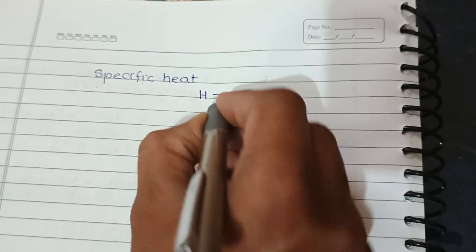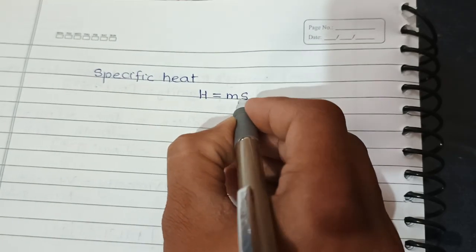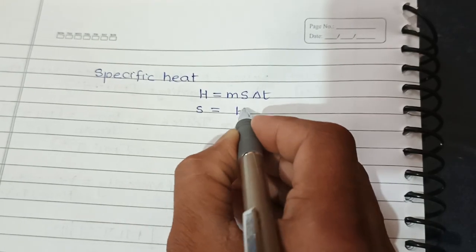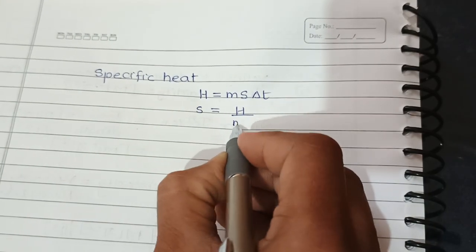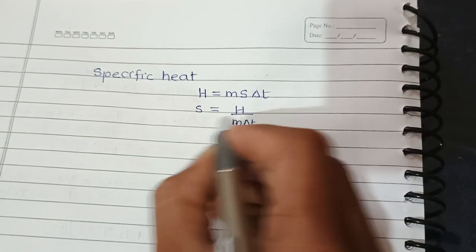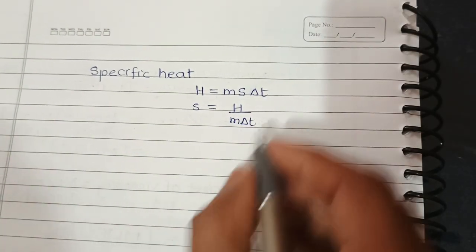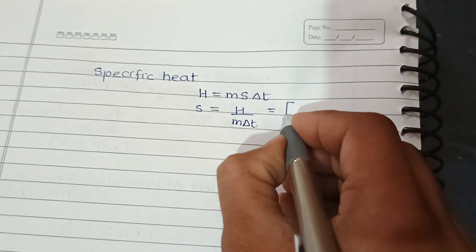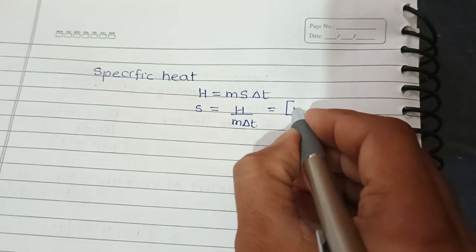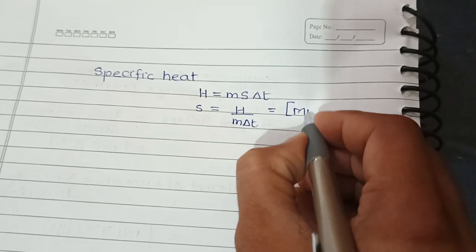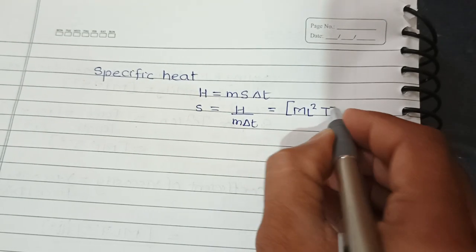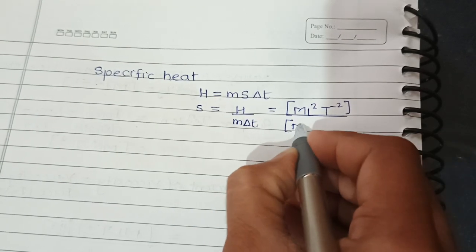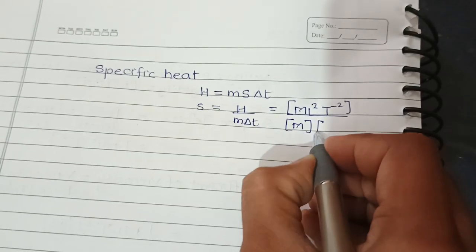H equal to ms delta T, तो S equal to H upon m delta T. S is specific heat and this is heat, so the dimension of heat is same because it is a part of energy, it's a type of energy, and this is mass and it is theta.